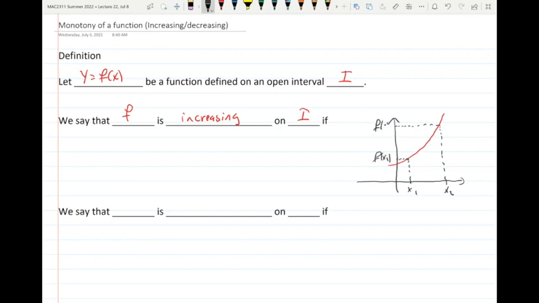But you always read from left to right. So to say that we go from left to right is to say for any 2 points, x1 less than x2, that means we're going from left to right. Then what does it mean to go up? It means that the y value of x1 has to be less than the y value of x2, as you can see here in the picture. So to be increasing on an interval, this happens for any 2 points x1, x2 in I.